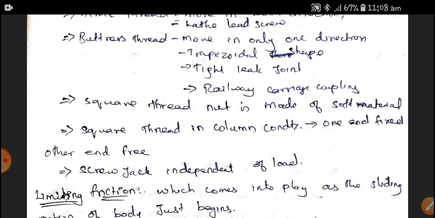For design purposes, it is assumed to be in a column condition, that is one end is fixed and the other end is free. And the screw jack efficiency is independent of load. We are not taking the load into account in finding the efficiency and the power.